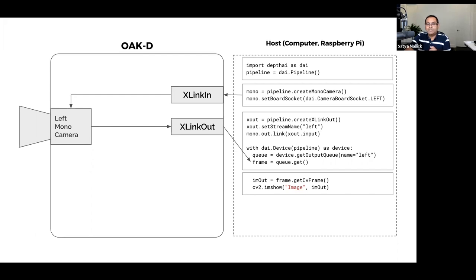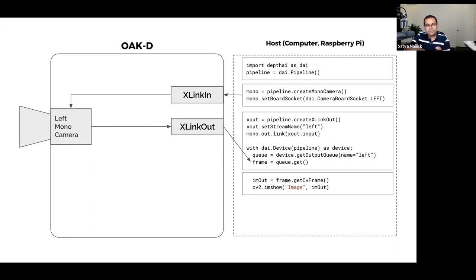I have asked the team to see if we can make it getOpenCVFrame, so that it's very clear that we are getting an OpenCV mat. But for now, this is the name, getCvFrame. And once you get the CV frame, it's a NumPy object which you can display just like any other image, right?